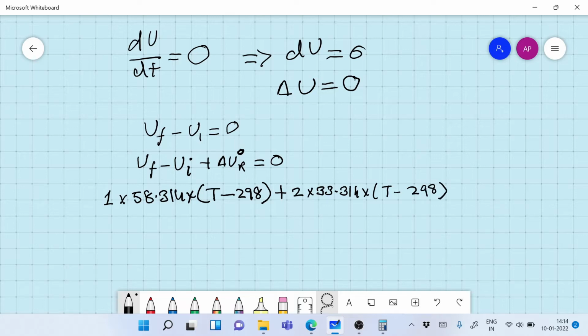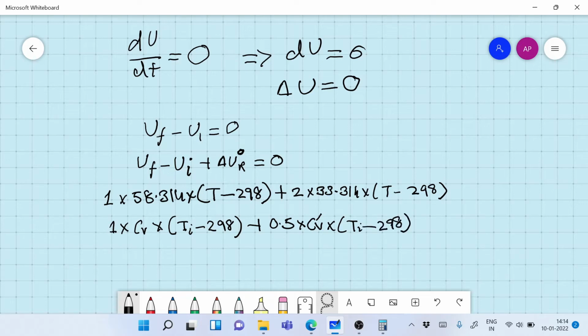Now, initially, we have 1 mole of carbon monoxide into its CV, which is something I do not know, into its temperature, which was the initial temperature, minus 298, plus 0.5 into CV of oxygen into its initial temperature minus 298, which is the temperature of the standard state of reaction, plus 2 into 33.314 into T initial minus 298.